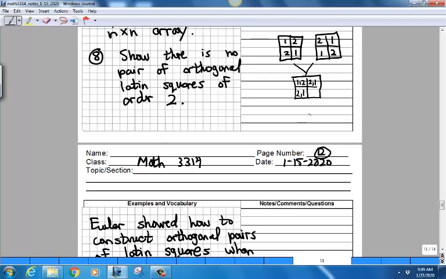I guess in the other order either. What if you try just one with itself? What goes wrong there?